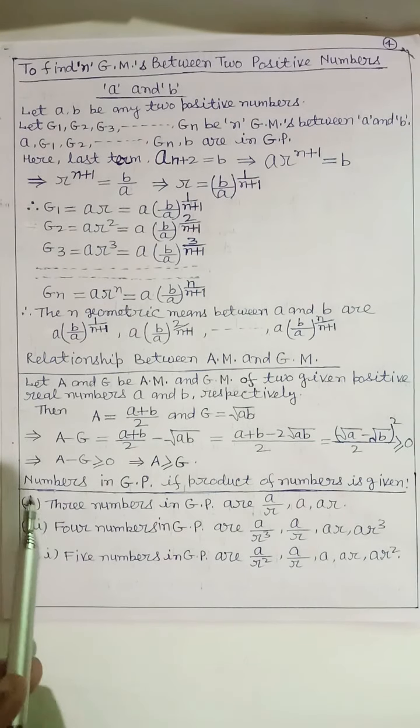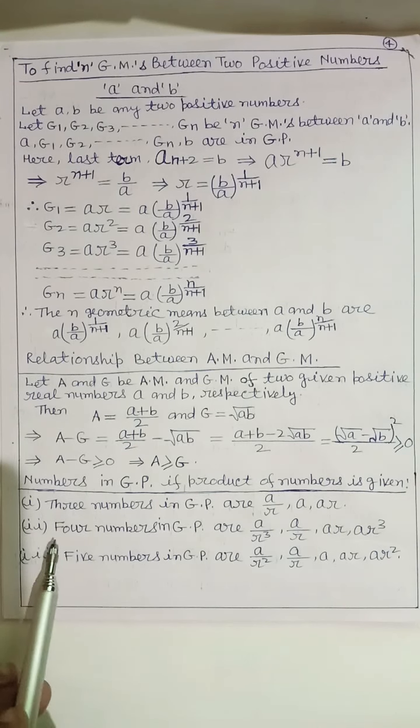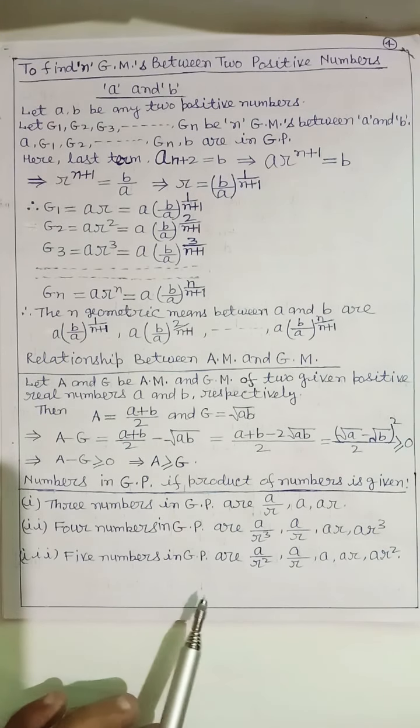Dear students, as we know in arithmetic progression, we take 3 numbers in AP, 4 numbers in AP, 5 numbers in AP.